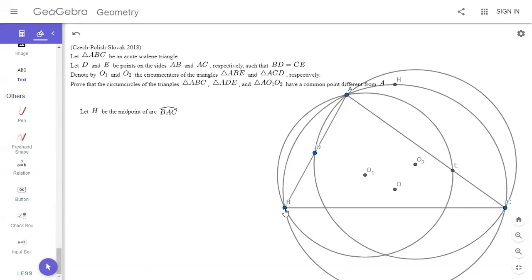So triangle HDB is congruent to HEC, and we can prove that because BD is equal to CE, HB is equal to HC. I'll just write that whole thing out.